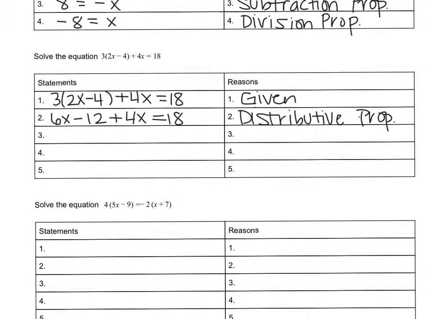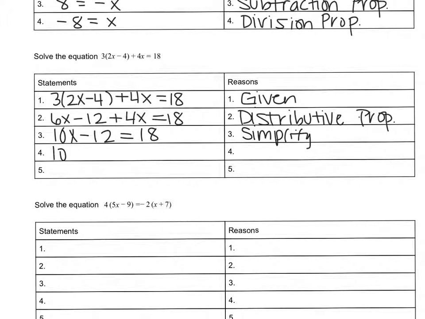And before I do anything else, I'm going to combine like terms. So 6x plus 4x is 10x. So we have 10x minus 12 equals 18. And there wasn't really a reason that we talked about on the front page that would do that, but you can think of it as simplifying. Since I combined like terms, I simplified that left side. Now I can say, okay, let's add 12 to both sides.